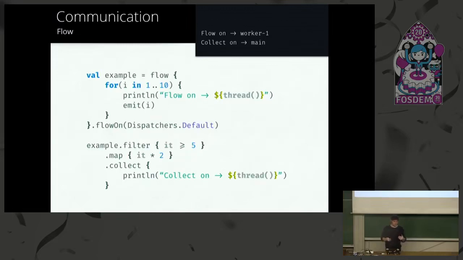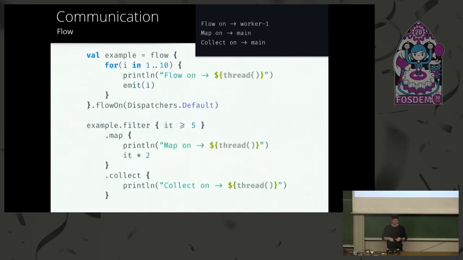So in this case, we're going to flowOn a worker 1, but we still collect on the main thread or the main dispatcher also. And just to show that it's only preceding, we add the map on println as well. So map is on main, filter is also on main.